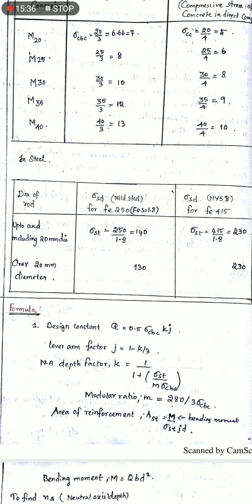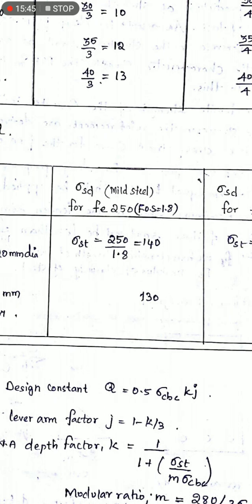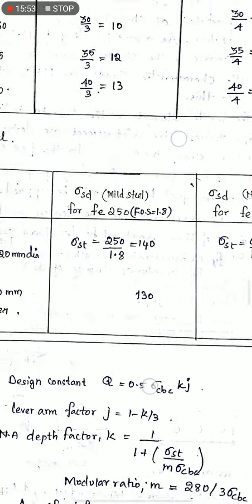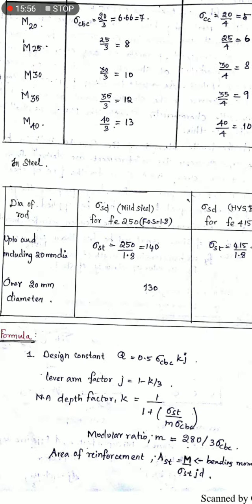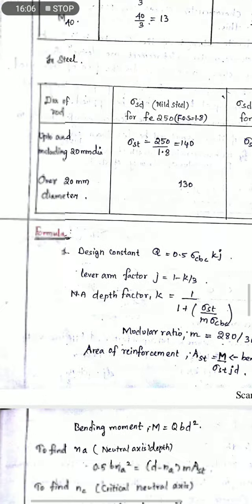That is sigma st equals 250 by 1.8, 140 newton per mm square. 250 means Fe 250 yield strength. Here for Fe 415, sigma st equals 415 divided by 1.8, that is 230 newton per mm square. If the diameter is greater than 20 mm, the sigma st value will vary, that is 130 for Fe 250 and 230 for Fe 415.